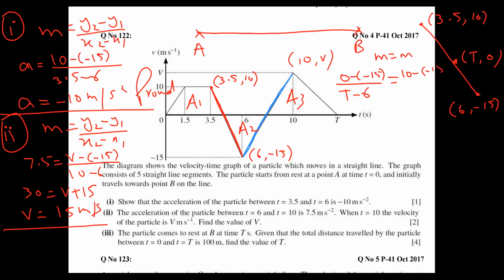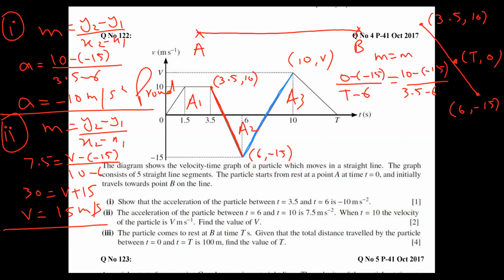Although I should not use it, because this acceleration we have already mentioned here, 7.5. So you can write 7.5 directly in here. No issue at all. And this minus this, I wrote 3.5 minus 6. Even if I type it in the calculator, I will get 7.5.